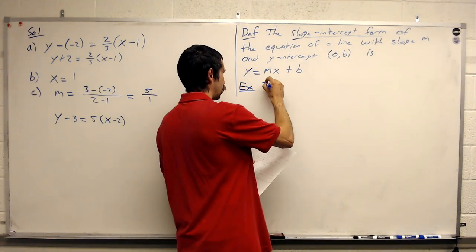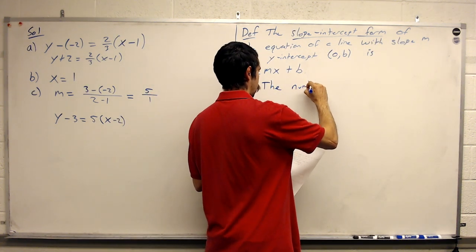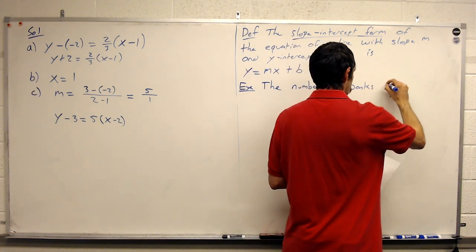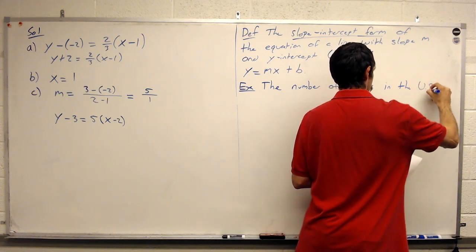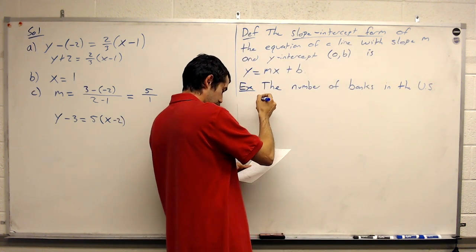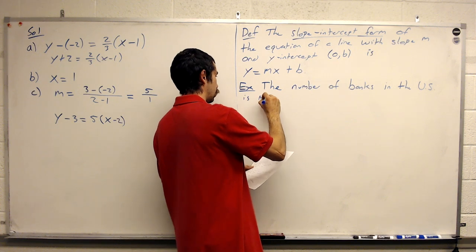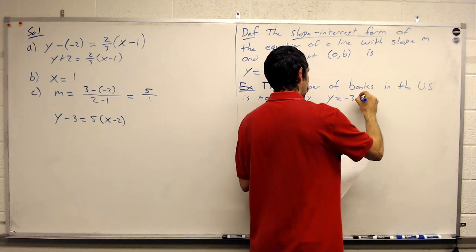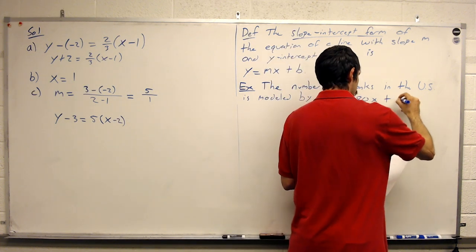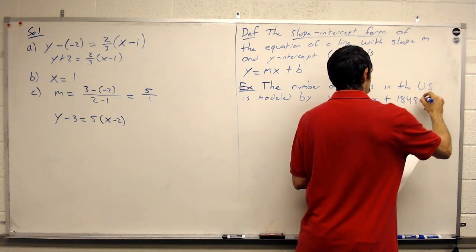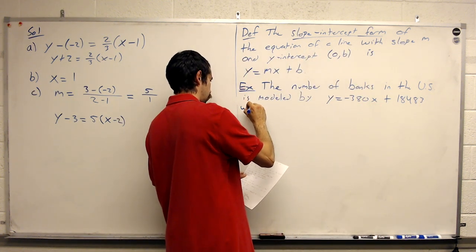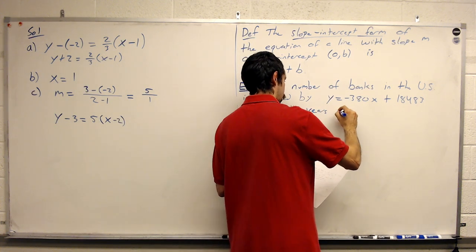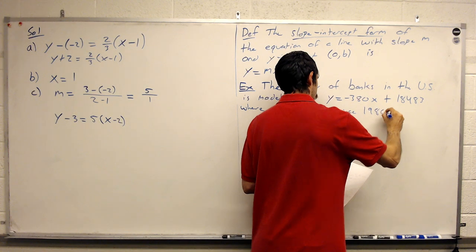So the number of banks in the US is modeled by y equals negative 380x plus 18,483, where x is the number of years since 1980.